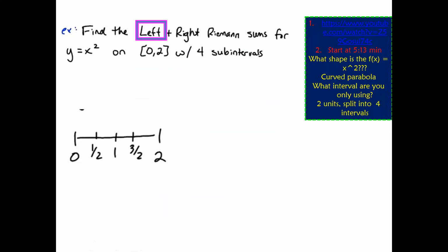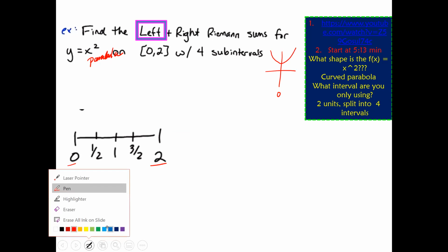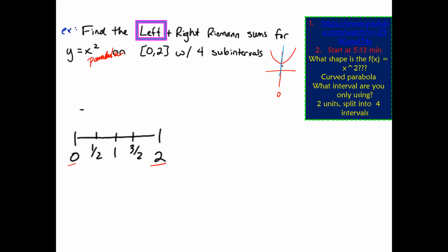Well, I know that this is a parabola. At 0, it looks something like that. My interval is from 0 to 2, so really I'm just looking at that part of the parabola. If I were to draw this, I'd probably draw something looking like this.